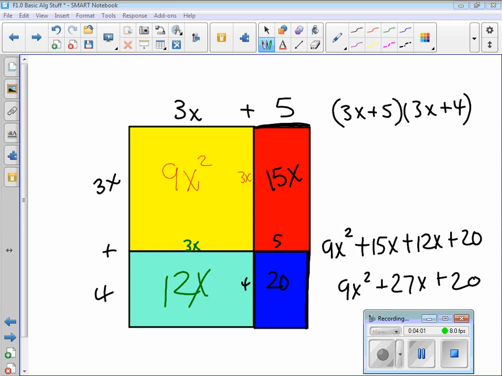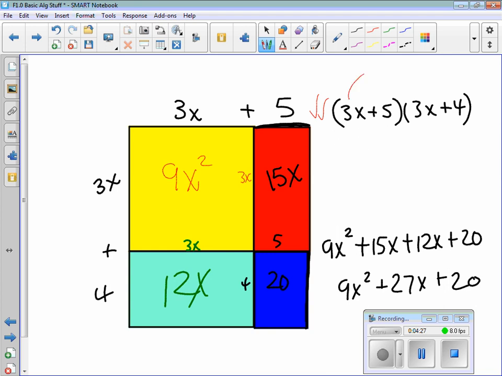So basically we found the area of each little piece by multiplying the length and the width of each little piece. Now according to this expression at the top, if I take the side and the top and multiply it together, I should get that exact same kind of expression, which would calculate the area of this thing. Well, that doesn't necessarily look like something I can do unless I know FOIL.